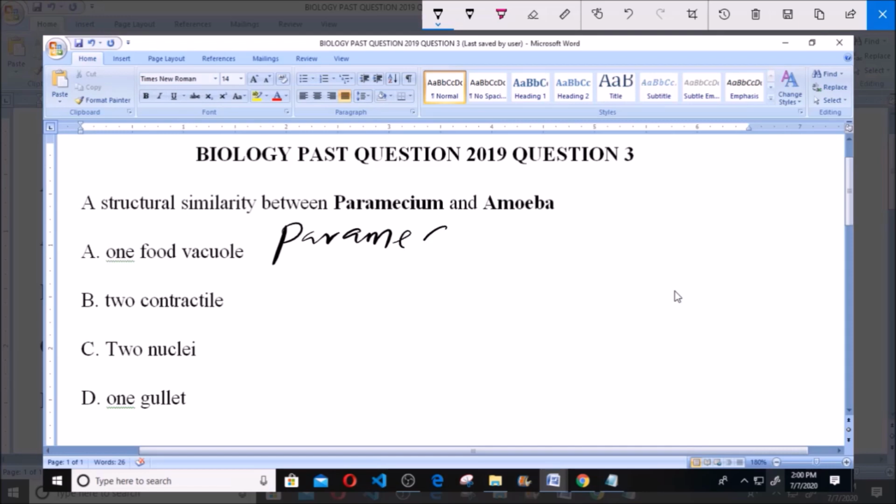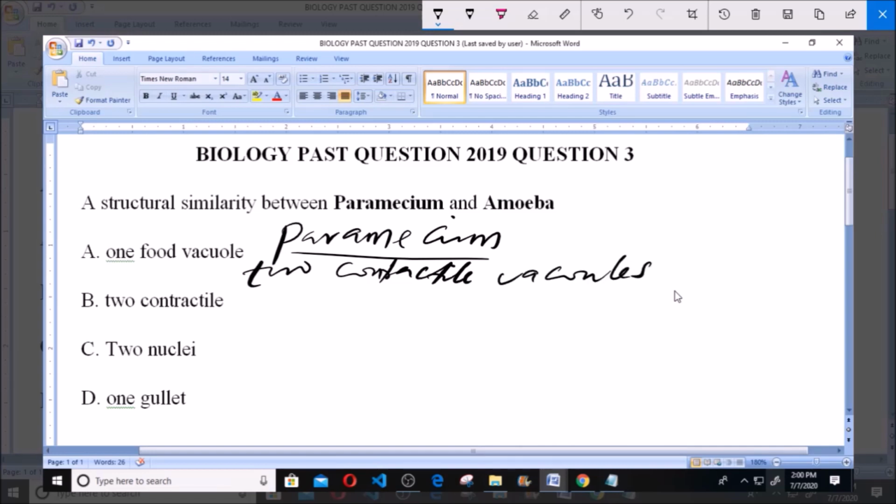The Paramecium has 2 contractile vacuoles, it has 2 nuclei, that's a macro and a micro nuclei, making it 2.